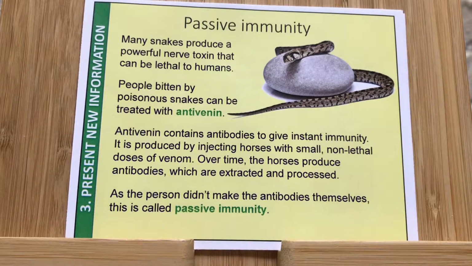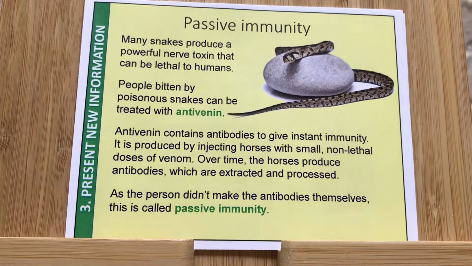Horses can cope with that snake bite, so they infect the horse with some of the venom from the snake. The horse then uses its white blood cells to make the correct antibodies. We then extract those antibodies and we inject the antibodies themselves into the person who's had the snake bite, and we call this antivenom.